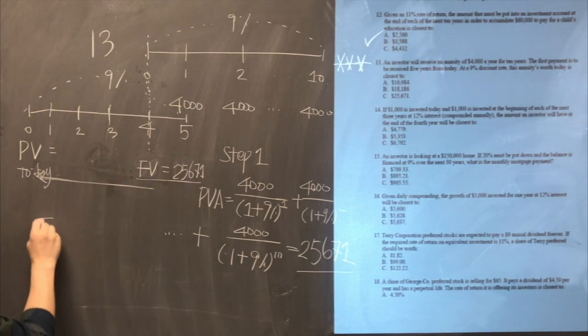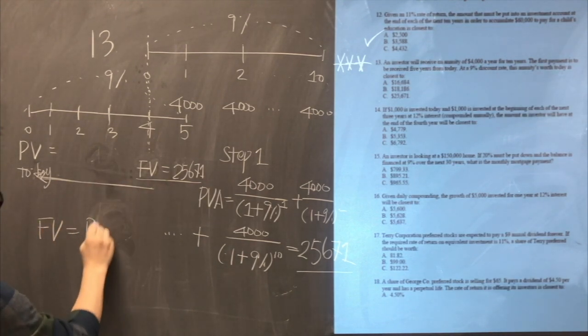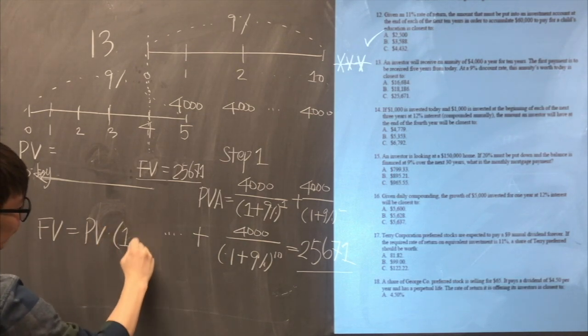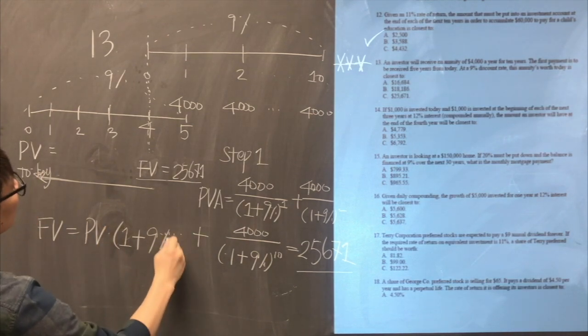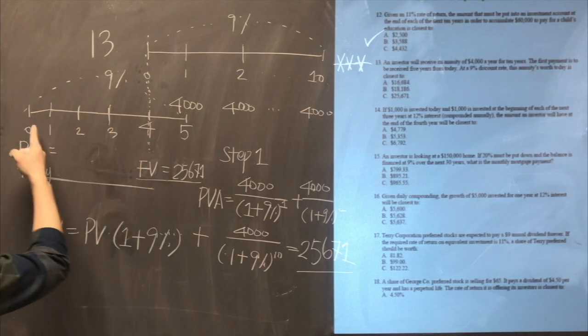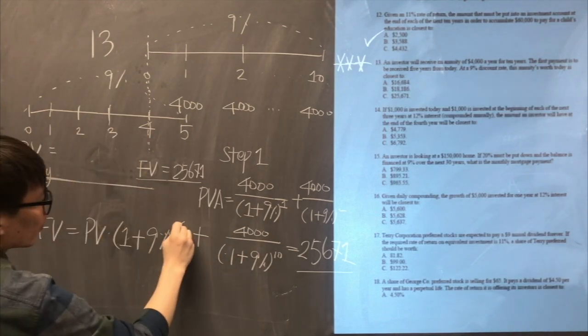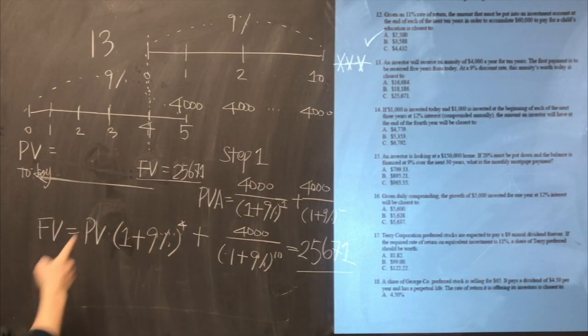So future value equals present value multiplied by (1 plus 9%) to the power of 4 years.